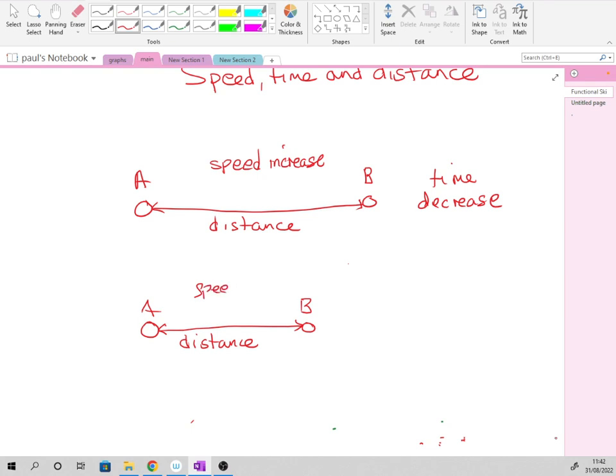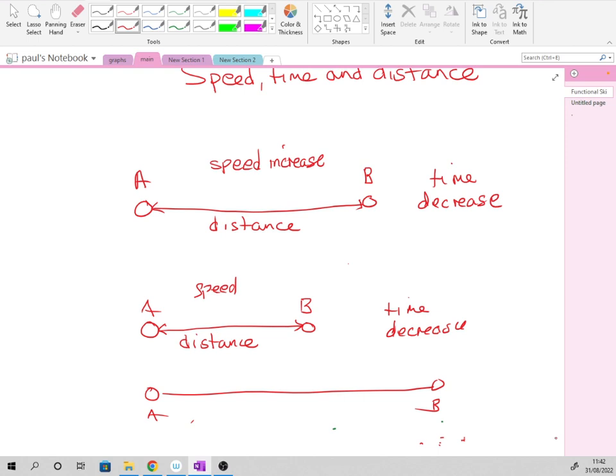So we travel at the same speed, the distance is shorter, the time decreases. And consequently, if we increase the distance from A to B and we still travel at the same speed, then the time will take longer to get there.